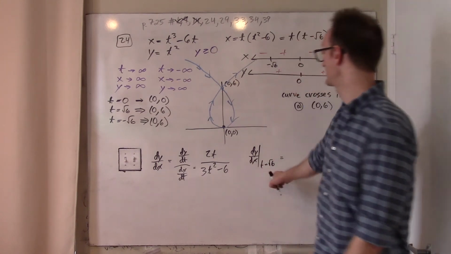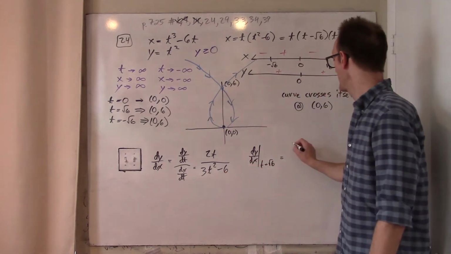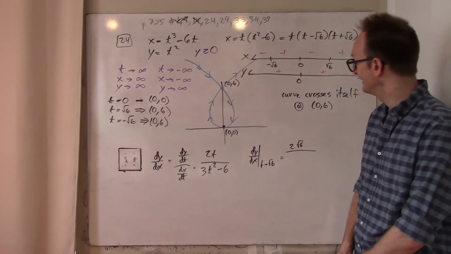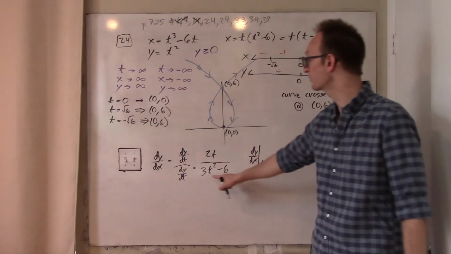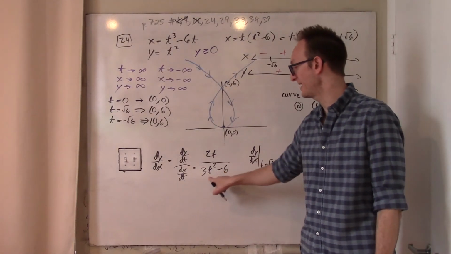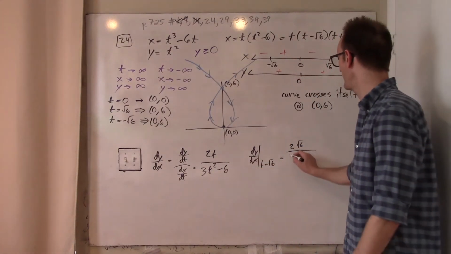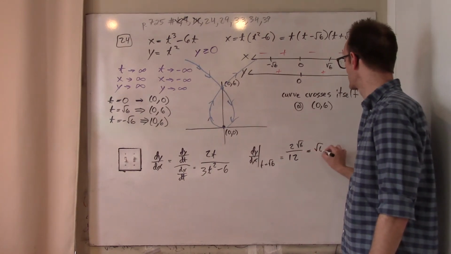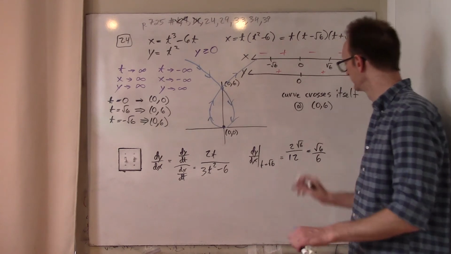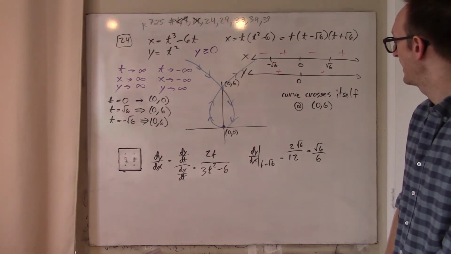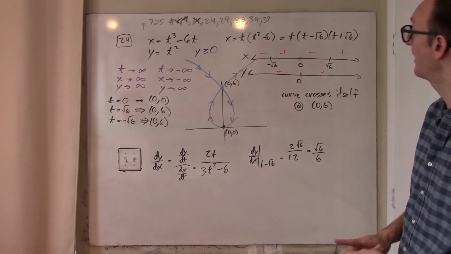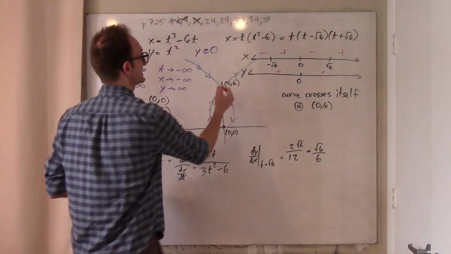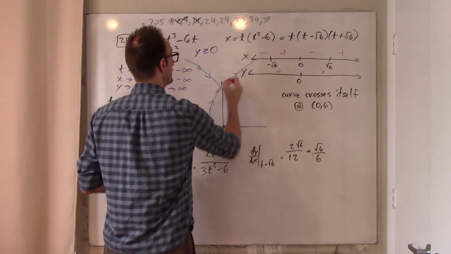Well, I just plug in root 6 for t, and I get 2 root 6 over, plug in root 6 here, and that's 6, so 18 minus 6 is 12, and so that is root 6 over 6. Great. So whatever that number is, that is the slope of the tangent line to the curve as I come through the second time.